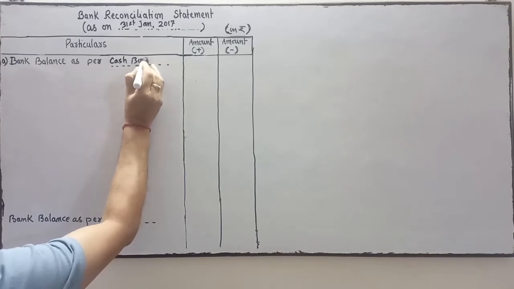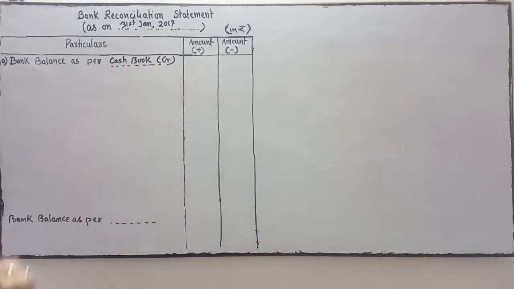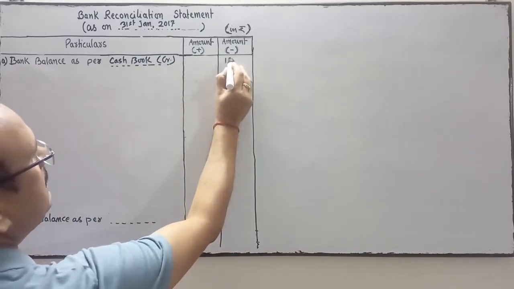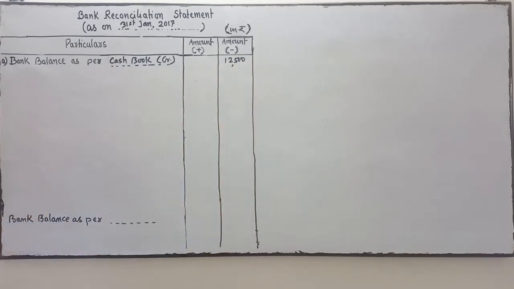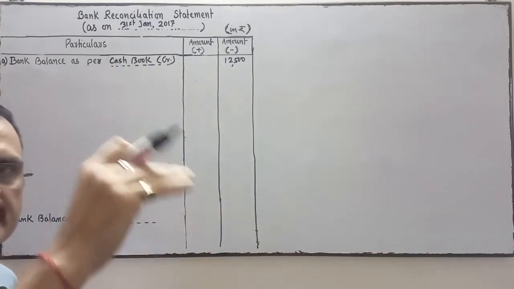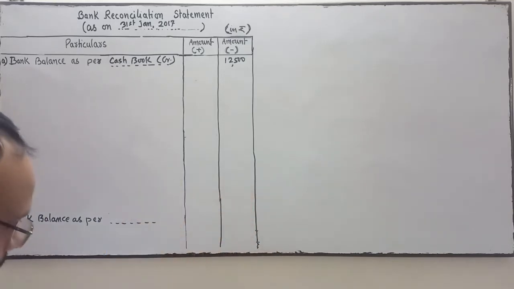This balance is an overdraft, and a cash book overdraft means it's a credit balance. The overdraft figure we have to write on the minus side, 12,500 on the minus side, because it's an overdraft. Overdraft in cash book means it's a credit balance. The payment side exceeds the receipt side.